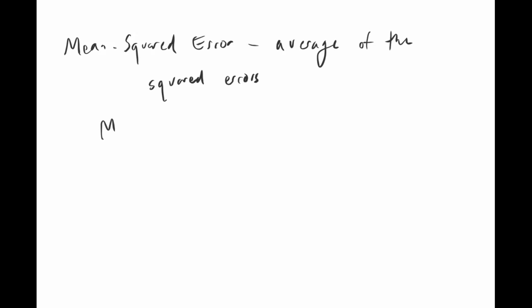So MSE is equal to 1 over n, the sum from i equals 1 to n of yi minus yi hat, and taking that difference squared.